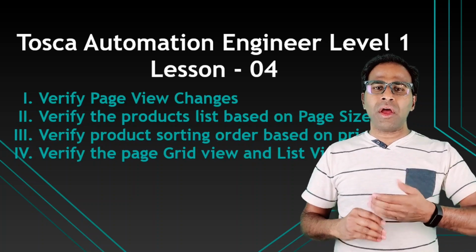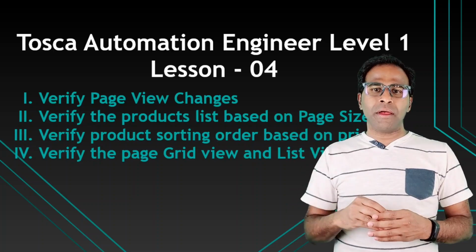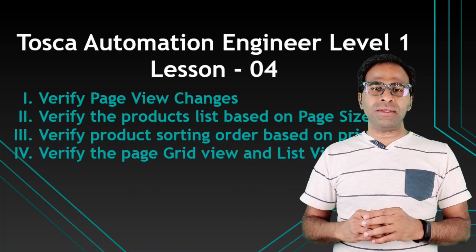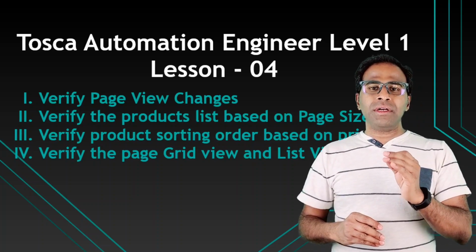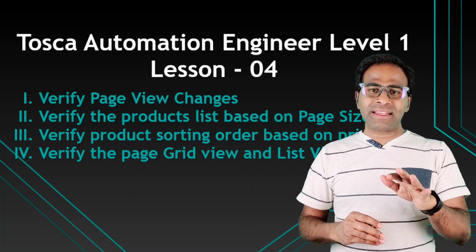So how can I automate all these different functionalities by using the Tosca automation tool? It's very important, guys. I'm going to show these scenarios live in the Tosca tool by walking you through the examples.